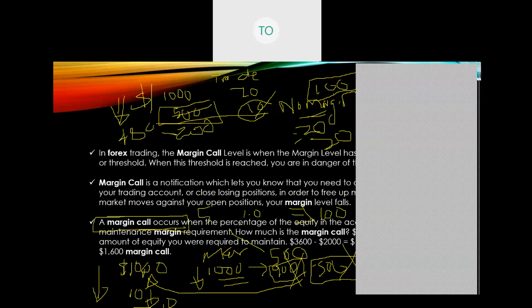However, if you're doing 0.1, you might end up being able to take 50 trades because it's 10 times less. So instead of 5, multiply by 10, you'll be able to take 50 trades with your balance of 500.